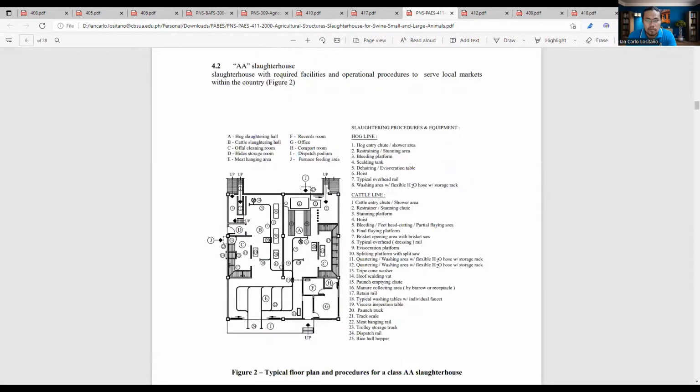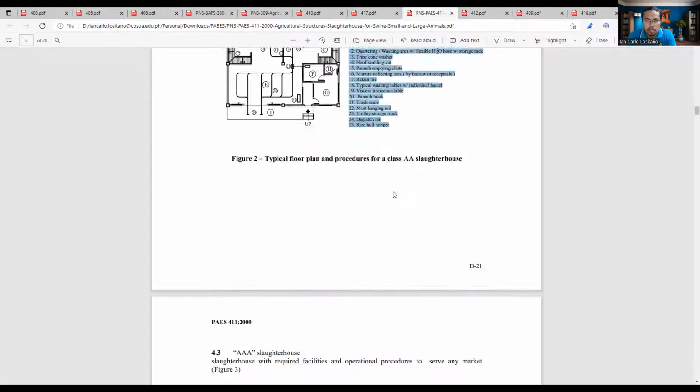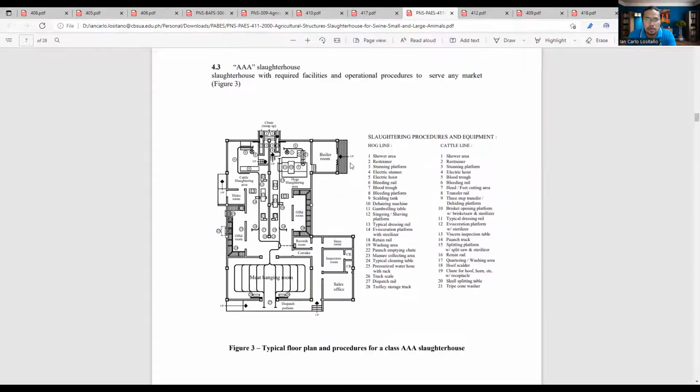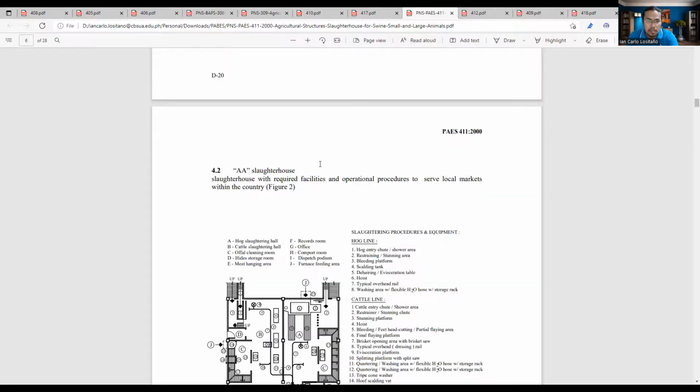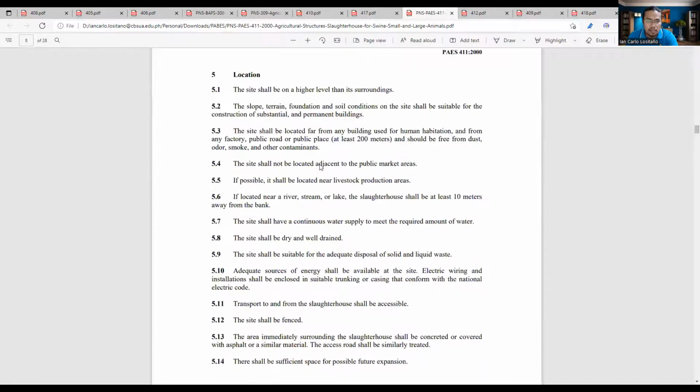Then you have your double A, which would have more operations compared to the single A. And then you have your triple A, which has all the requirements to serve any market. Actually, triple A slaughterhouses could export their products to different locations, even abroad. That's the difference between single A, double A, and triple A facilities.